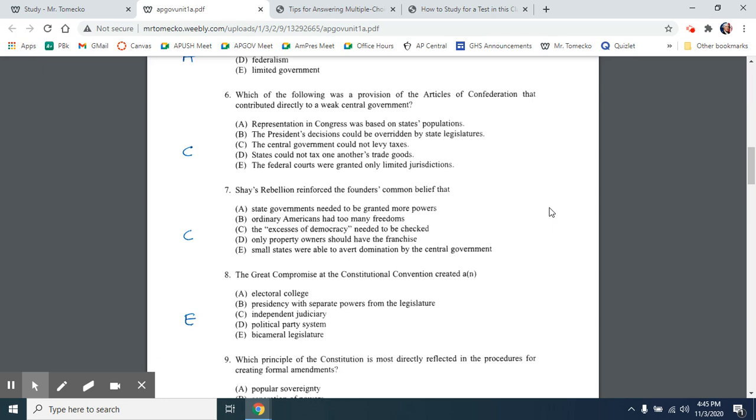But AP is different. AP is going to challenge you a little bit more, and there are going to be maybe a couple, maybe 3 answers that are sort of right, or have elements of the truth in them. You're pressed to find the best answer. And the only way to do that is through process of elimination, by finding the worst answer and eliminating it first.